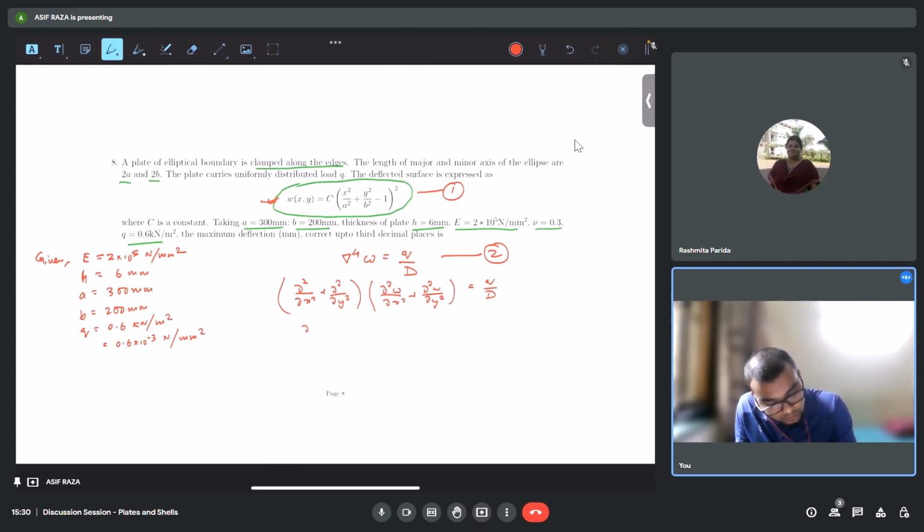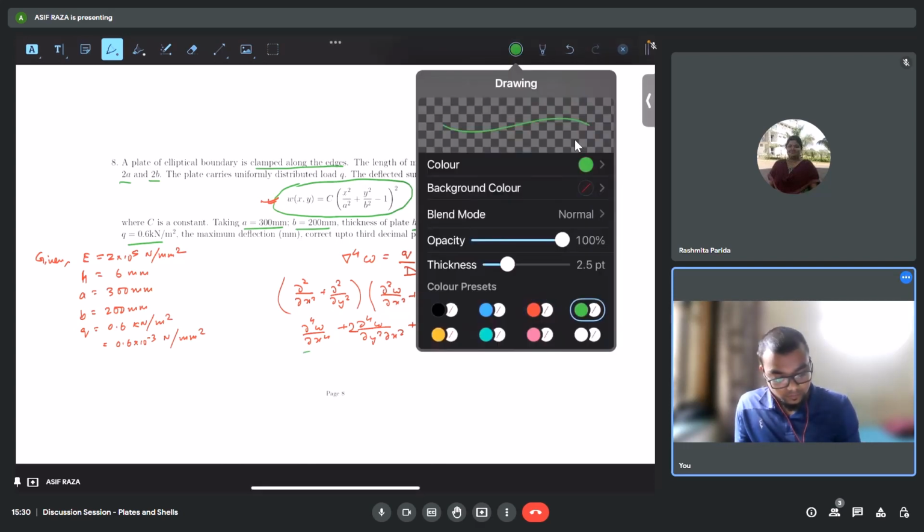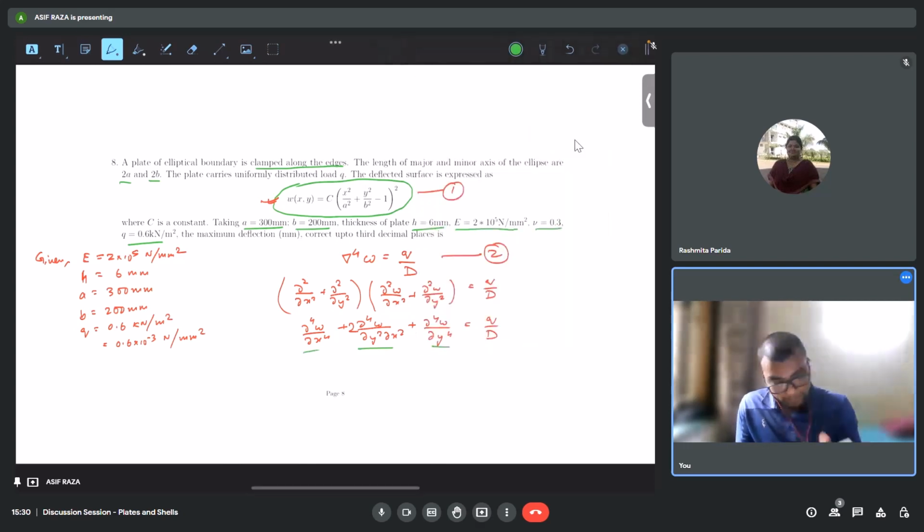So for this we need to find these values. Okay, so let's find it.